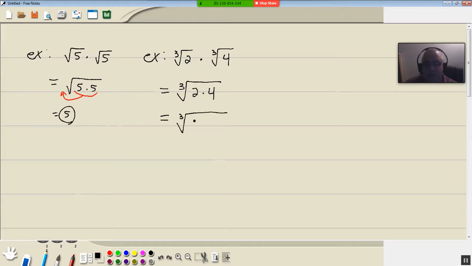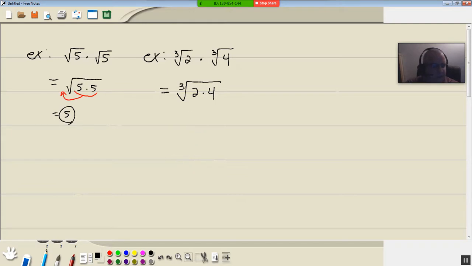In this case, 4 I can rewrite as 2 times 2. Now our index is 3, which means we're looking for a set of 3 of something. Here's 3 2's. Those 3 2's are going to come out in front as a single 2. And that would be our answer. Now that's multiplying a single radical times a single radical.